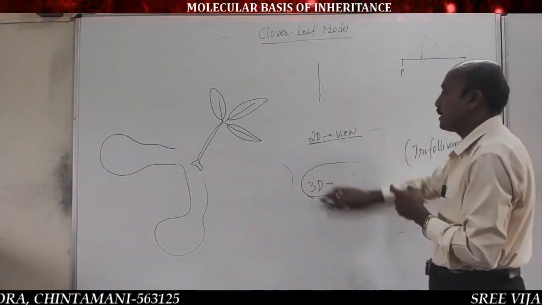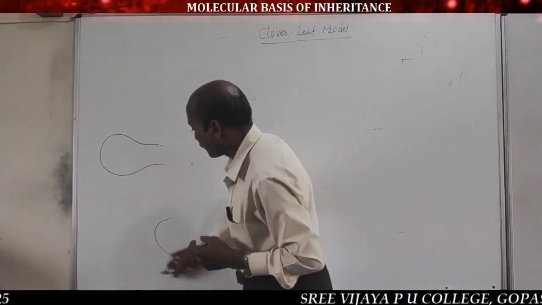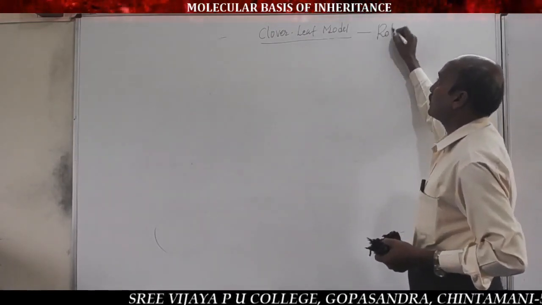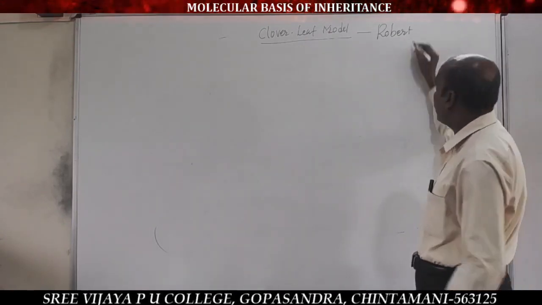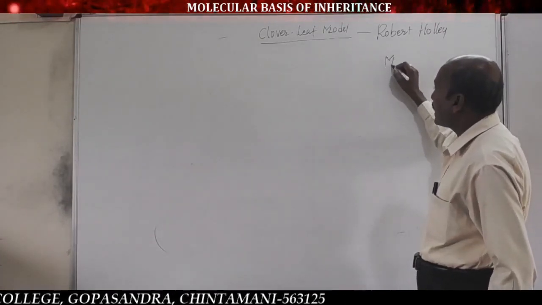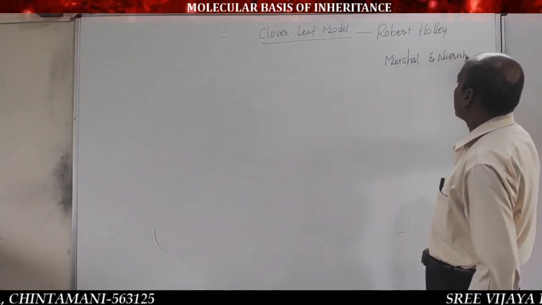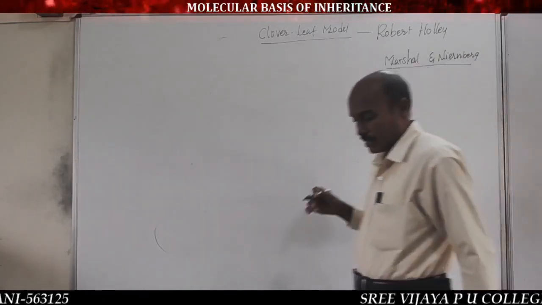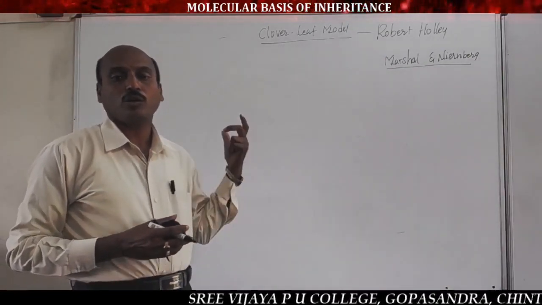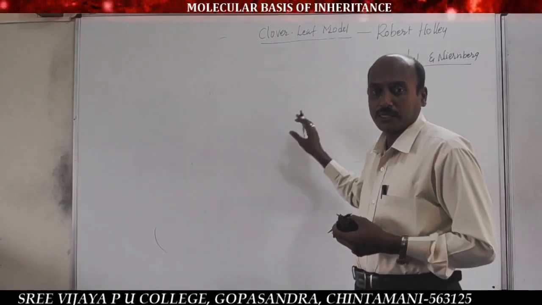The clover leaf model of tRNA was first noticed by Robert Holley and supported by Marshall and Nirenberg.